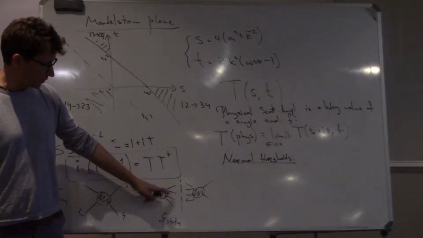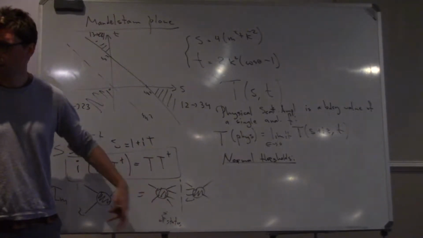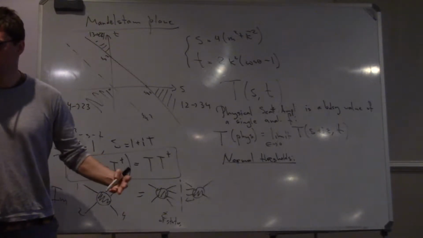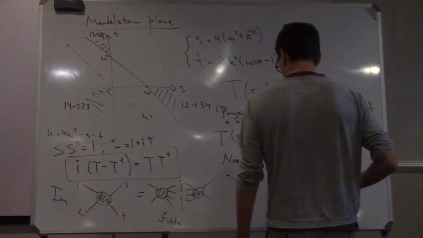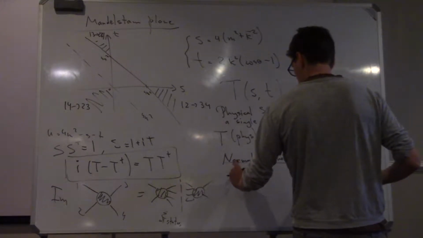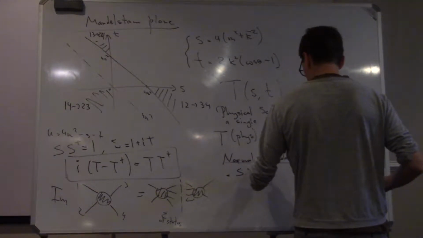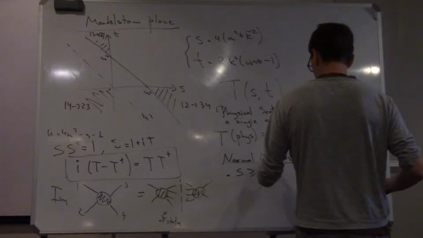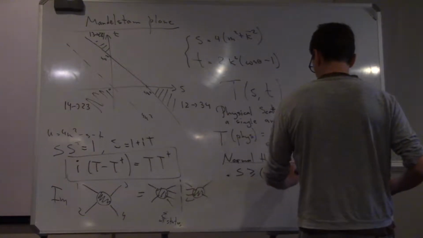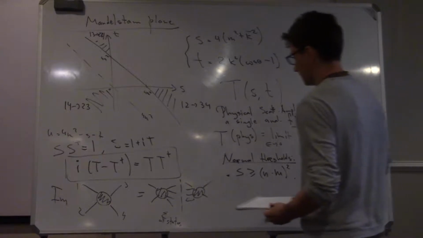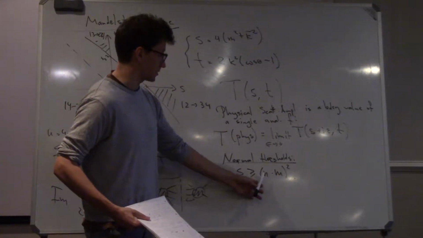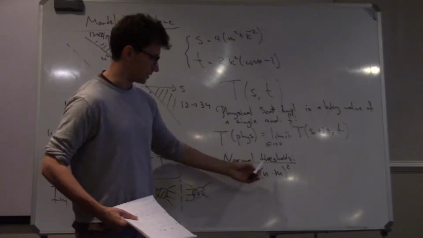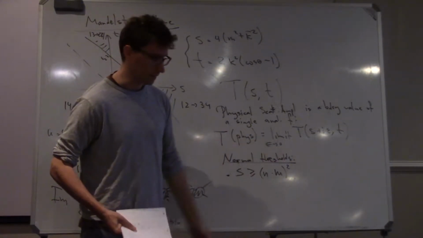For example, if you have n particles, the minimal energy that you need to create them is n squared m squared, so you need S larger than or equal to n squared m squared. So if you have a 2-particle state, S has to be larger than 4m squared. For 3-particle states it will be 9, then 16, etc.